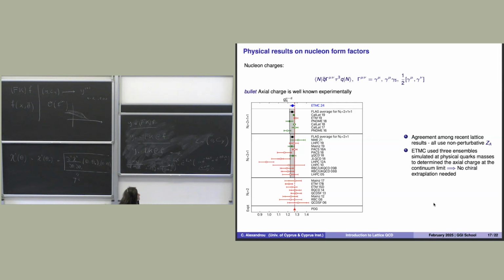The band is their best average of all these results. And this is our latest value, and this is the experimental value, and you see that everything is consistent. But this took many years of development to get here. Because you have the continuum limit, you have to do the whole thing. So we do get gA correctly.